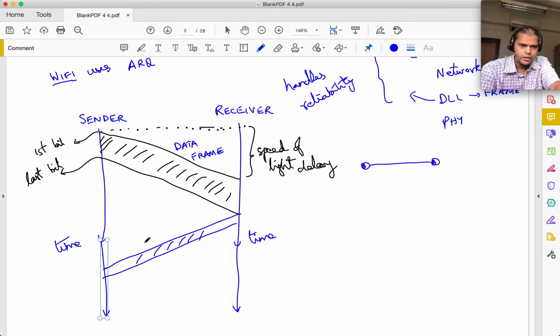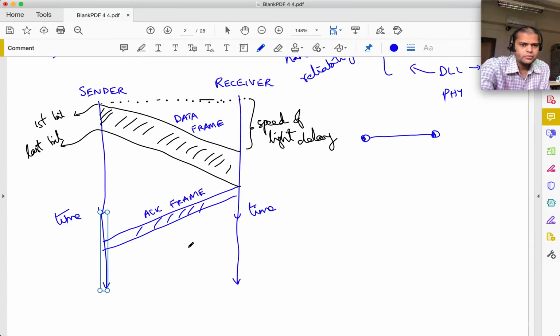And here you have an acknowledgement. So if the sender gets back an acknowledgement, he knows that the frame has reached the other end. So that's the basic idea.